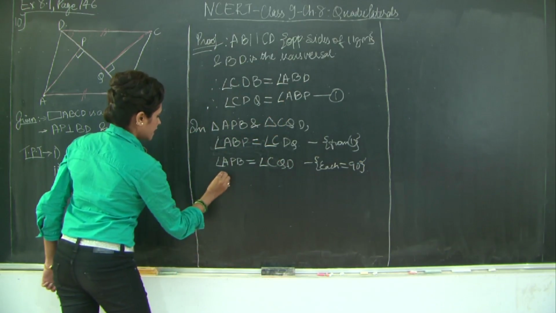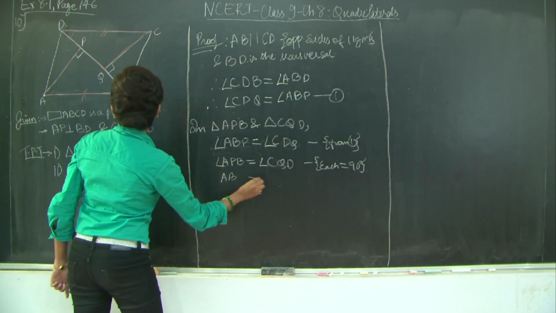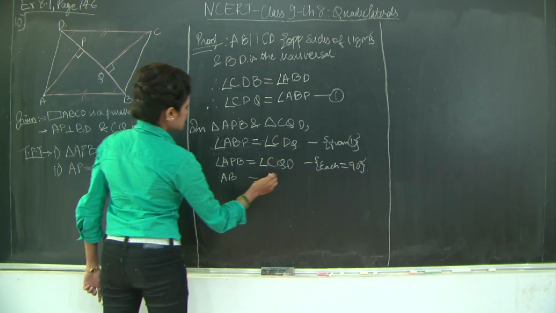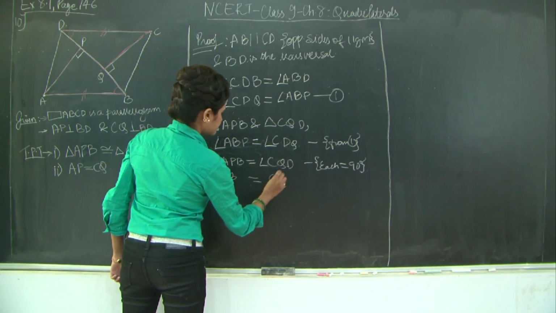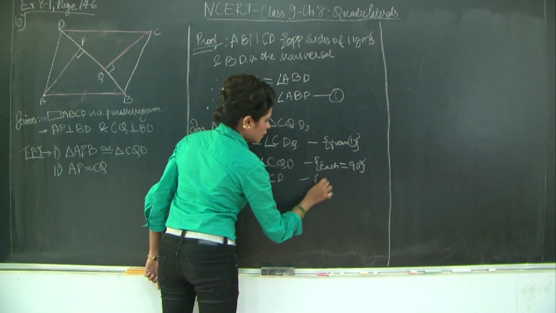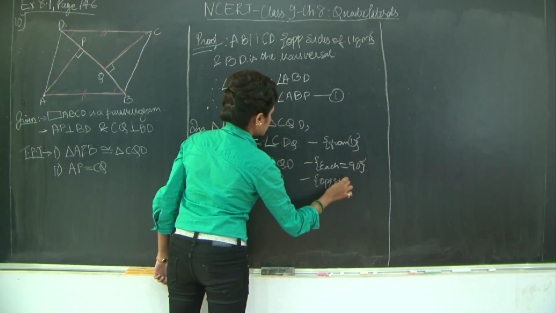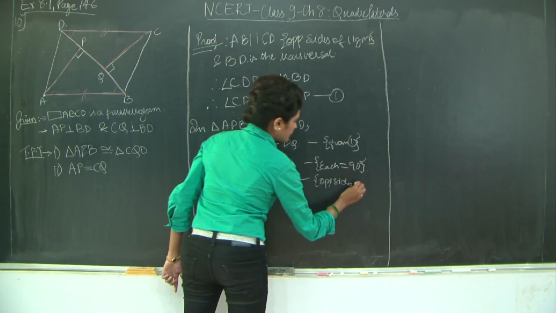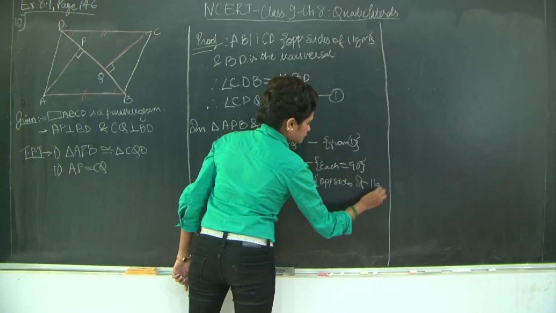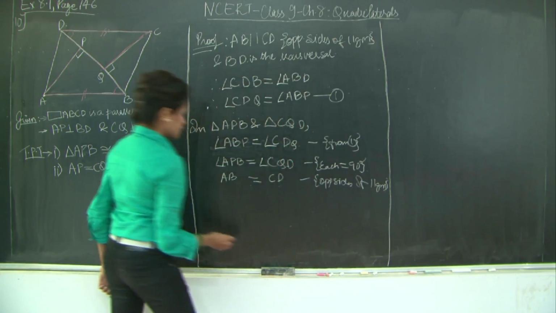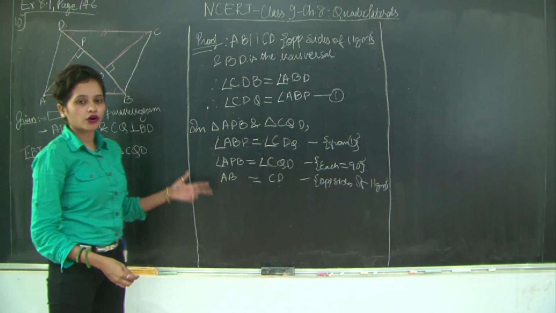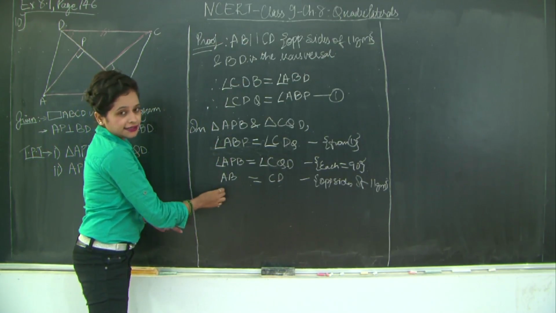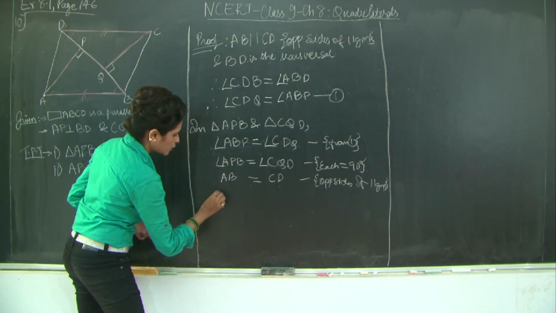Also I have AB is equal to CD. Why? Because they are the opposite sides of parallelogram. Therefore, what can you say that the two triangles are congruent to each other? By AAS test of congruence.